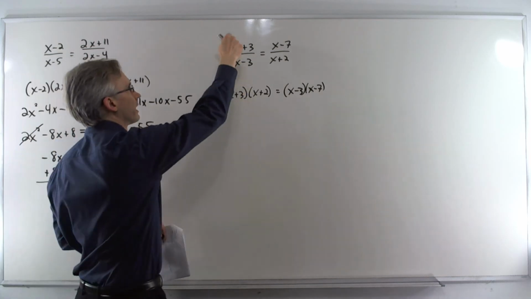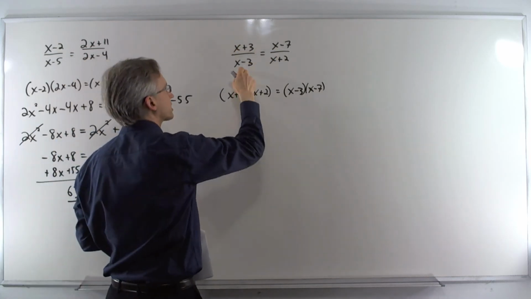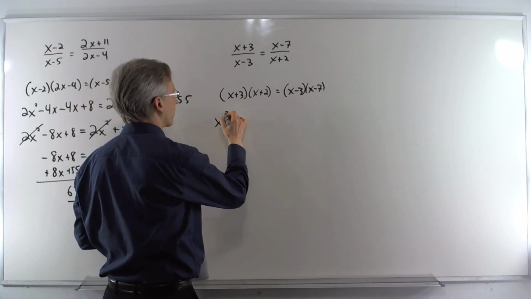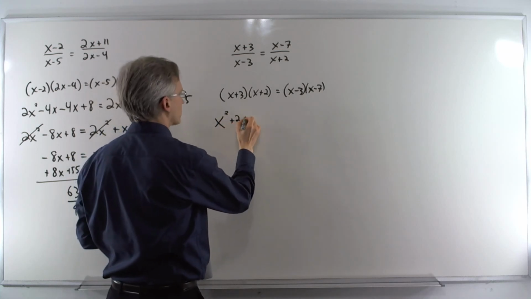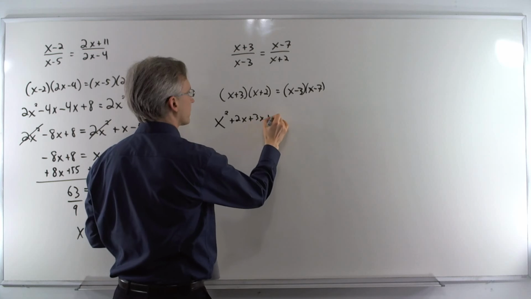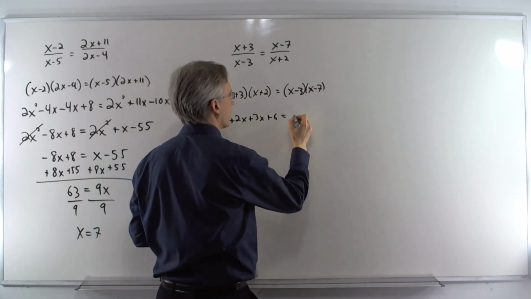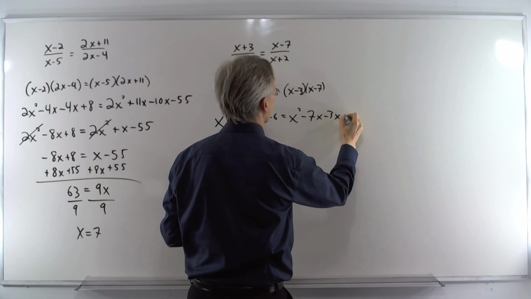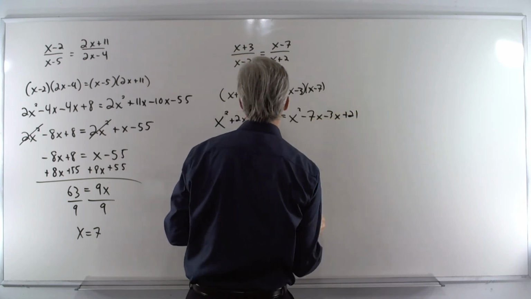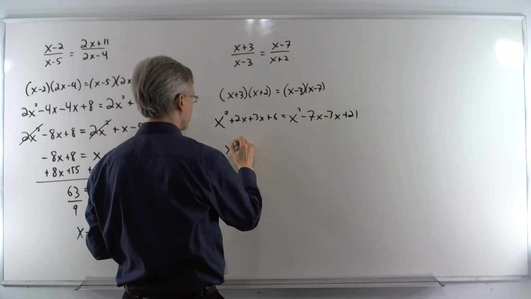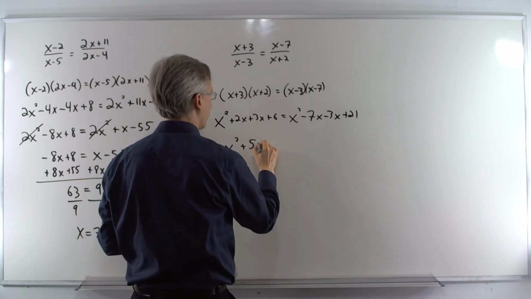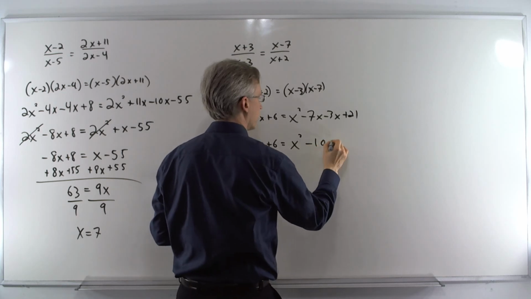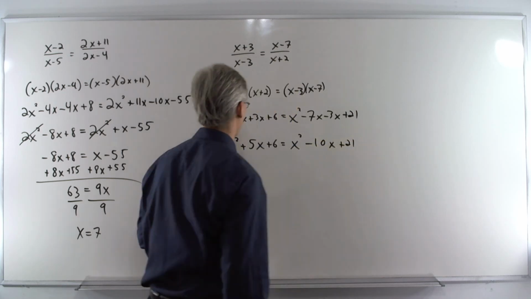So cross multiplying, we got x plus 3 times x plus 2 and x minus 3 times x minus 7. Now we can FOIL: x squared plus 2x plus 3x plus 6. And on this side, we got x squared minus 7x minus 3x plus 21. Combining like terms, x squared plus 5x plus 6 equals x squared minus 10x plus 21.